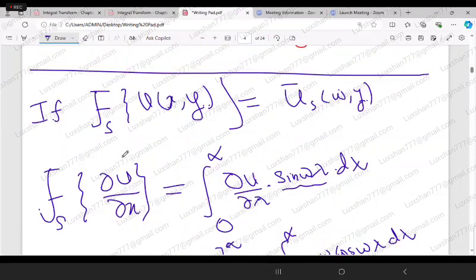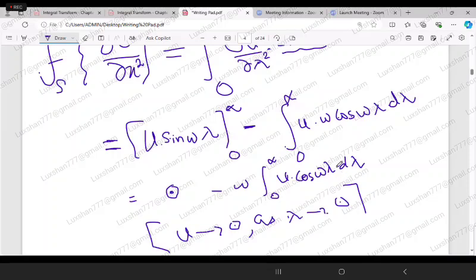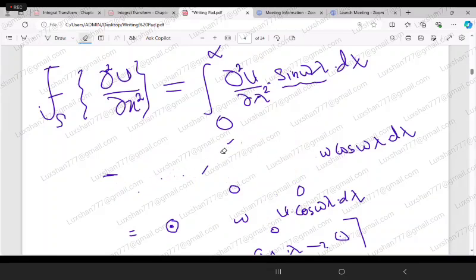The first derivative is also okay, but actually we want the second derivative, therefore we'll consider the second derivative. I'm sorry for that.